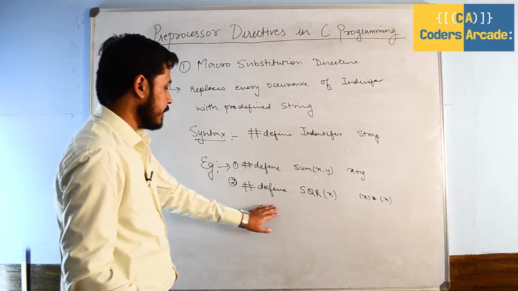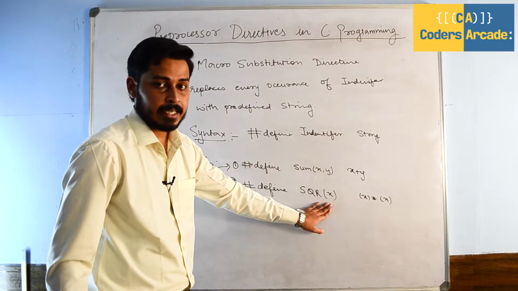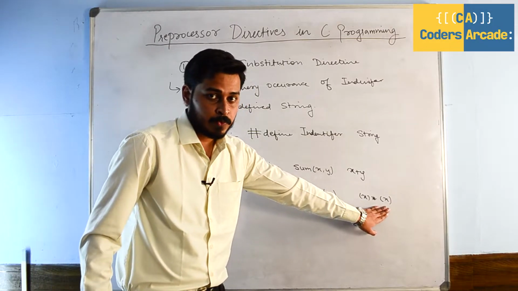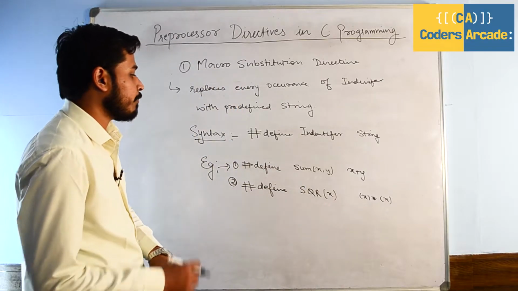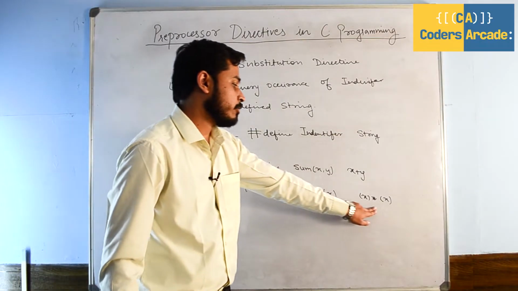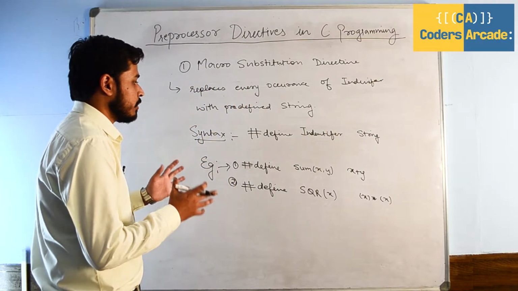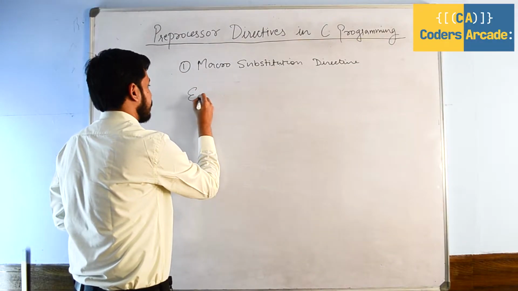So now in this program, wherever capital SQR in brackets x appears, that will be replaced with x into x. So we can use this to replace an identifier with a predefined string. Now let us see and understand this logic with the help of an example program.